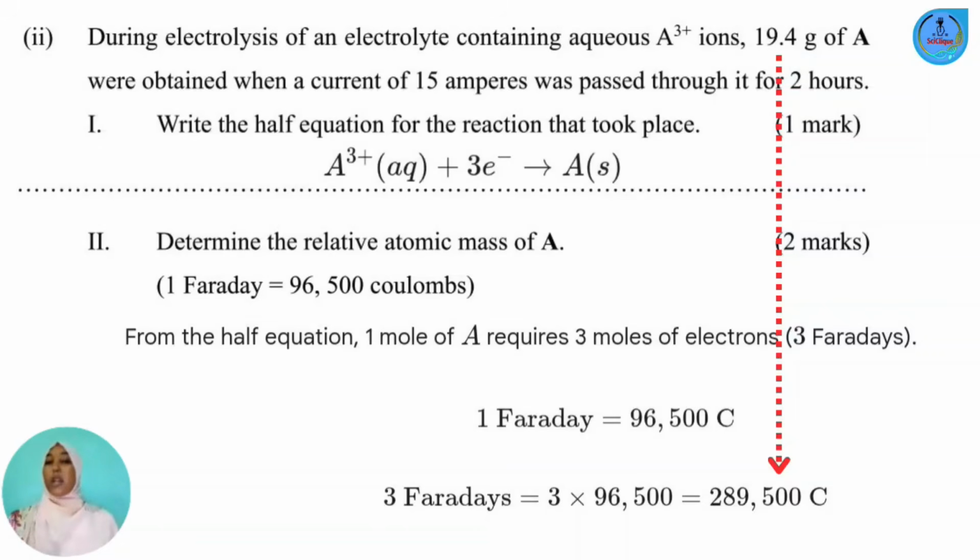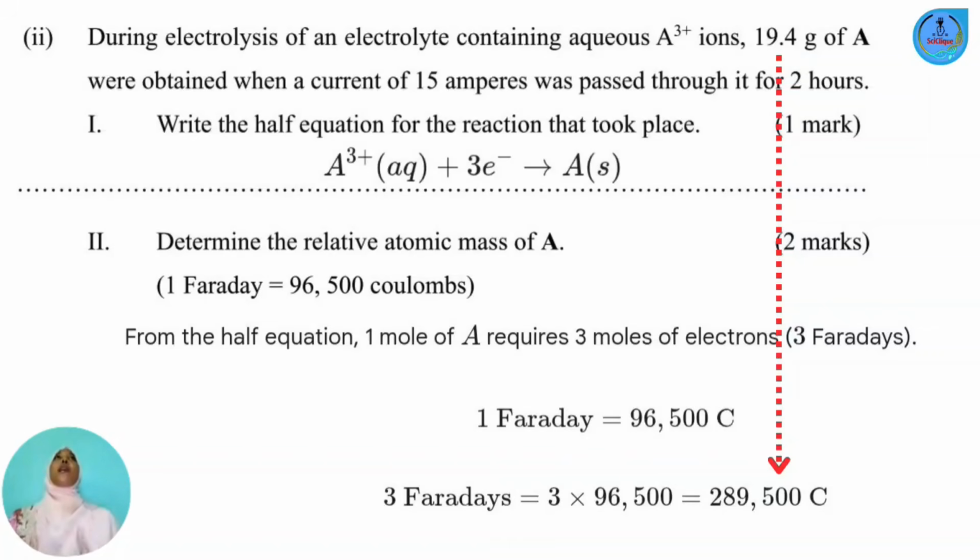So at the end, we will get 108,000. Let me just check here. 108,000 coulombs. I'm sorry, I forgot to include this part. So 108,000 coulombs. So what is this? This is the charge that led to the formation of 19.4 grams of A. 19.4 grams of A were formed when a current of 15 was passed through for 2 hours.